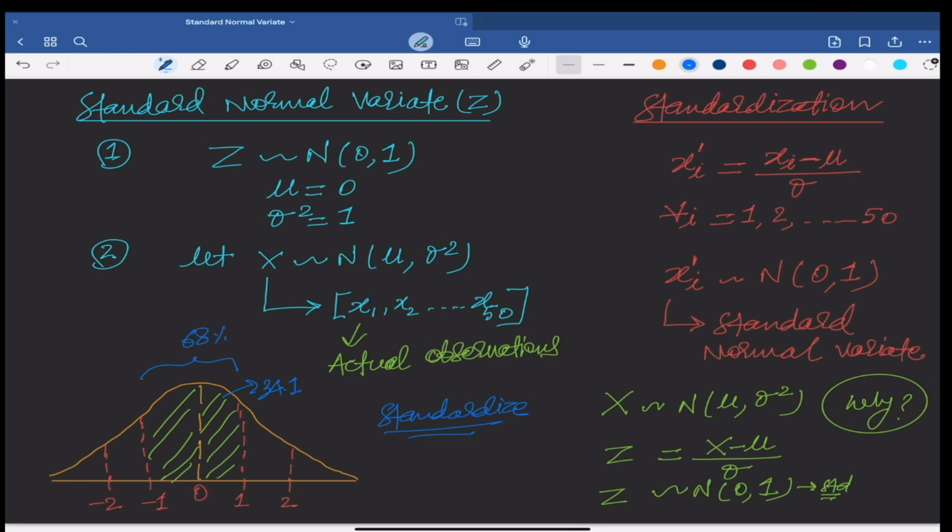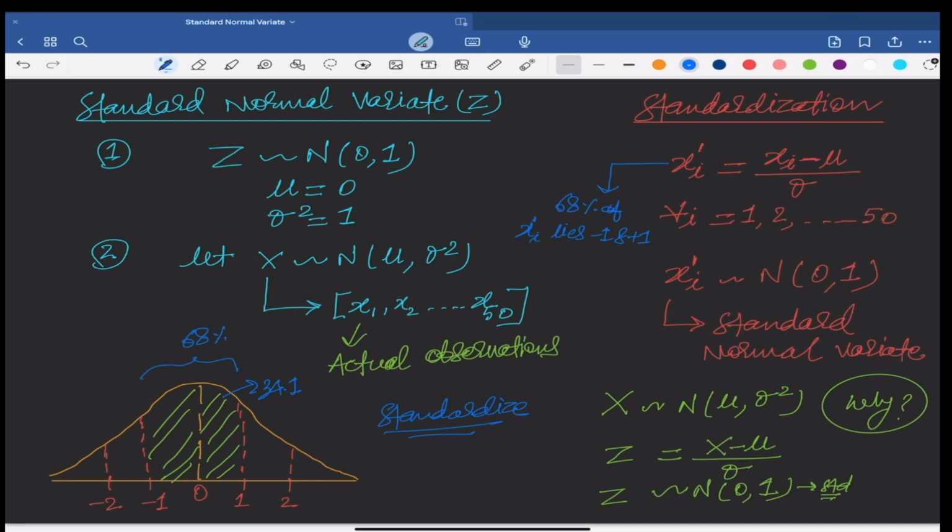So if you tell me that x is a normally distributed random variable with a mean of mu and sigma square, and I simply apply my standardization operation, whatever values of z I get after standardization, 68% of xi dash lie between minus 1 and plus 1.